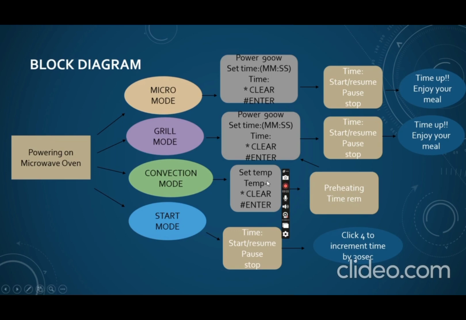If we enter a temperature like 200, it heats for 1 minute. If you want to heat again, you can heat it. And in start mode, it starts from 30 seconds and increments by 30 seconds each time you click the keypad.